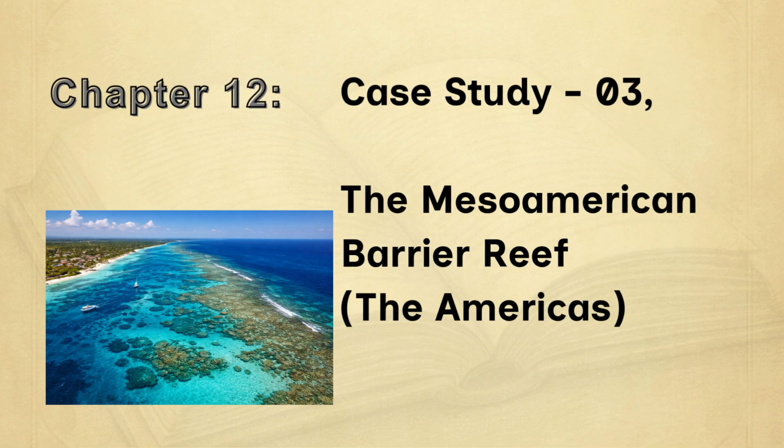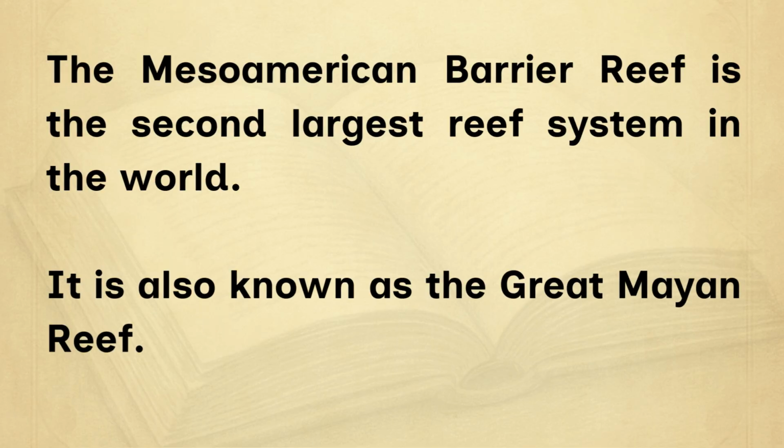Chapter 12. Case Study 03. The Mesoamerican Barrier Reef, The Americas. The Mesoamerican Barrier Reef is the second largest reef system in the world. It is also known as the Great Mayan Reef.